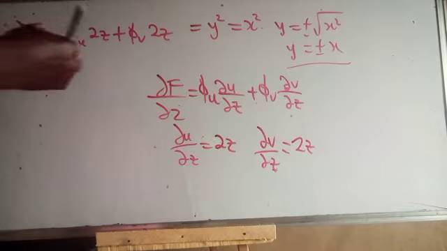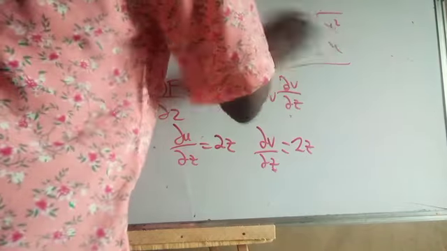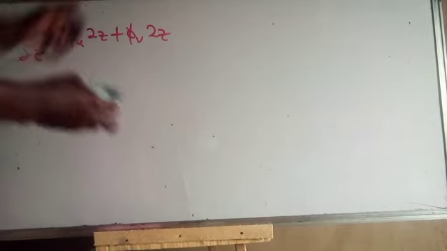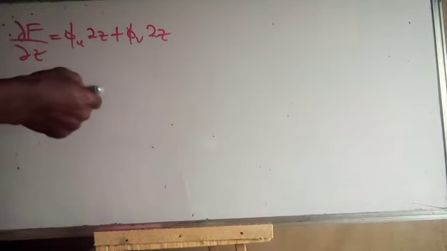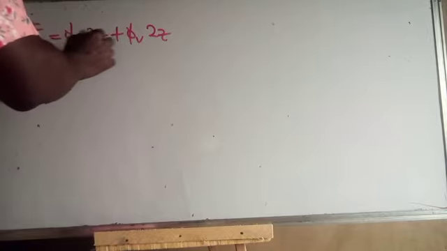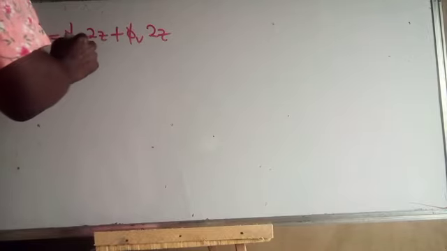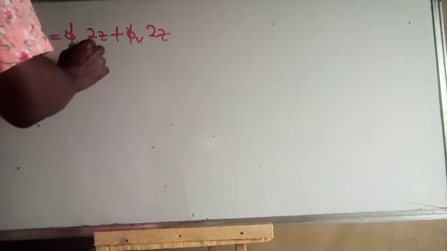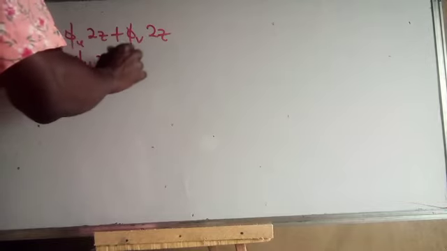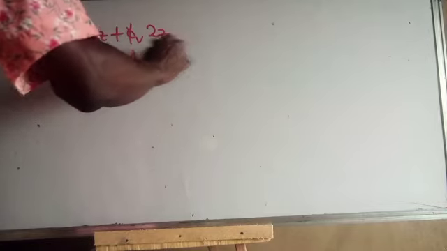So everything there is equal to 0. Remember, everything there is equal to 0. Okay? So that means from here now we have phi u 2z plus phi v 2z equals 0.